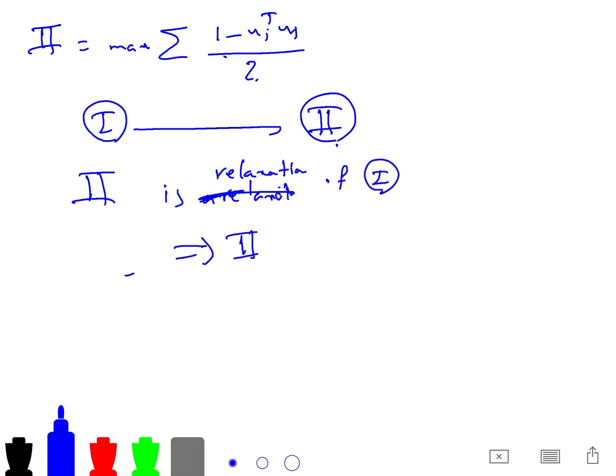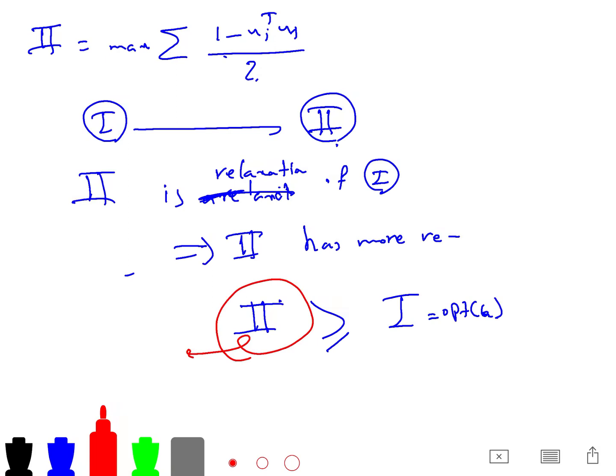We conclude that 2 has more solutions because it is relaxed. And because it has more solutions, since it's a maximization, we expect that this relaxed problem has higher values than your original problem.